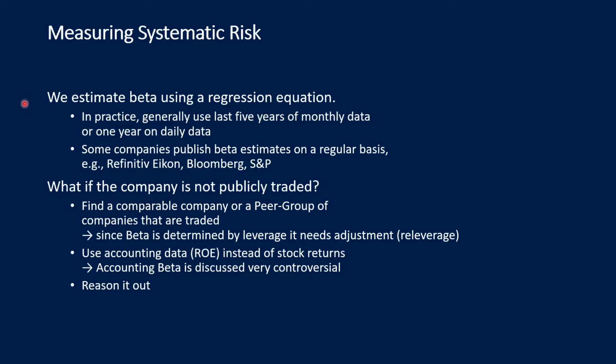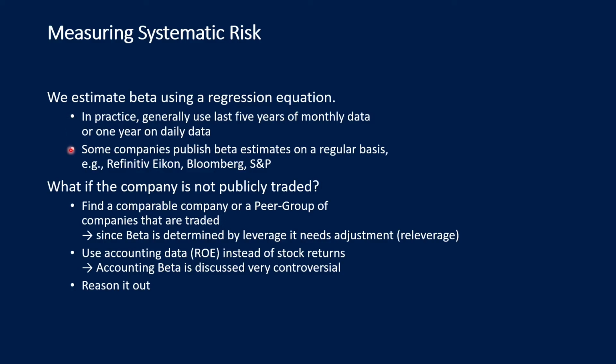Okay, we estimate beta using a regression equation. In practice, we generally use the last 5 years of monthly data or 1 year of daily data. Some use weekly data, but these are the typical usages of betas.